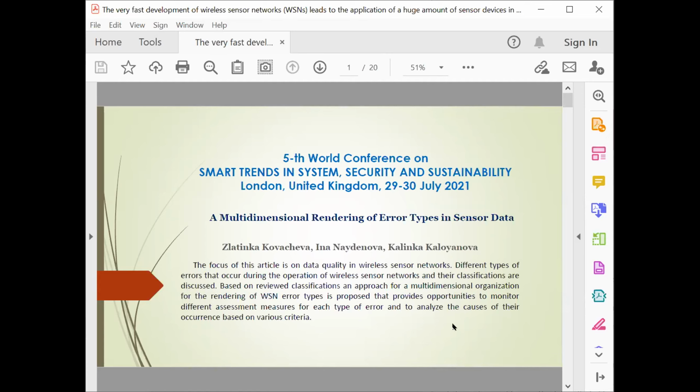Different types of errors that occur during the operation of networks could be discussed. We analyzed different types of errors and propose an approach based on multidimensional organization for the rendering of different wireless network types.